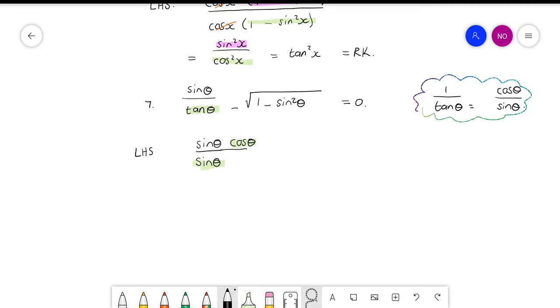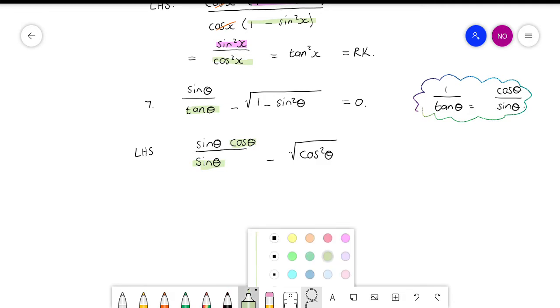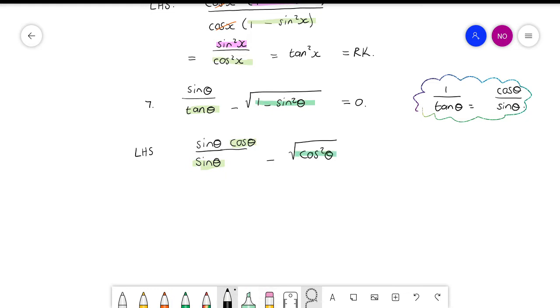Okay, dan hierdie ding wat onder die vierkantswortel staan, kan mos geskryf word as cos kwadraat theta. Okay, yeah, I can simplify, so I only have cos theta.